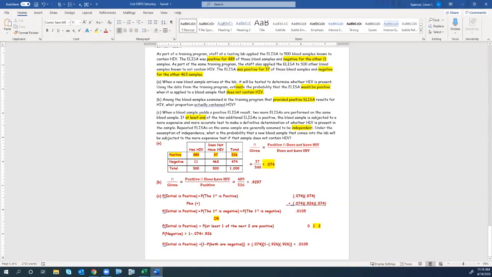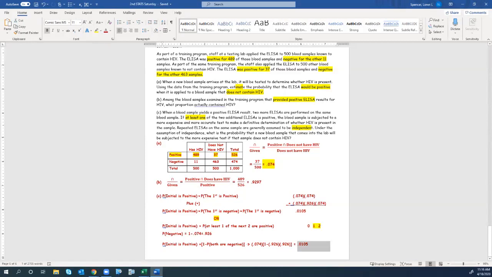Well, I need to have one or two that are positive. So I want 1 minus the probability both are negative. Well, what's the probability of negative? 0.926. So my first is positive, that's the 0.074 from part A. Then I have 1 minus the probability of a negative followed by a negative. And once again, I get the same answer.